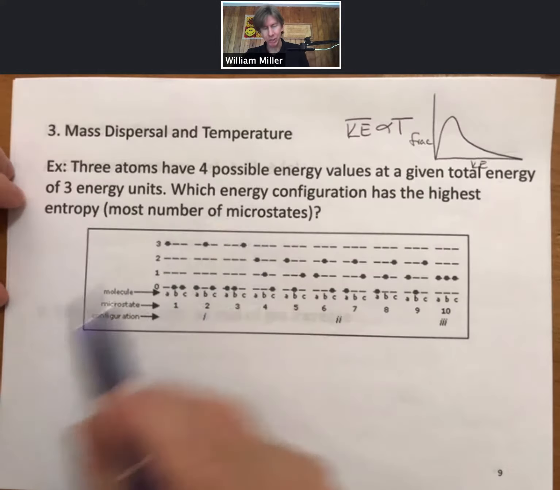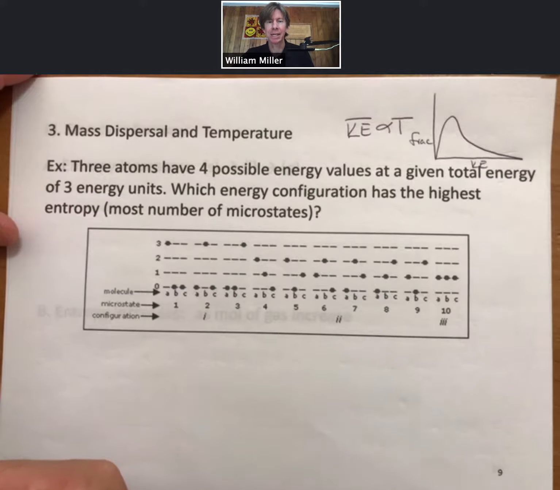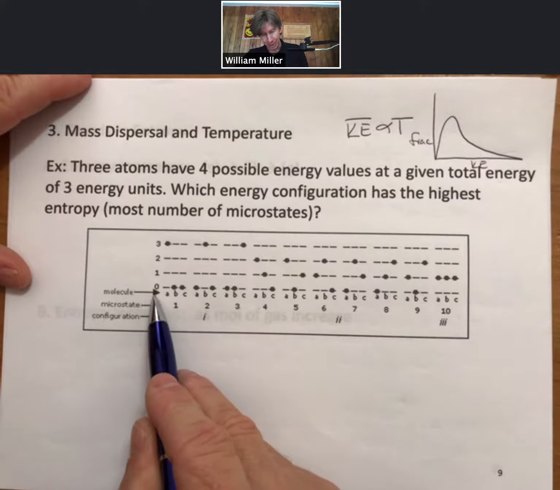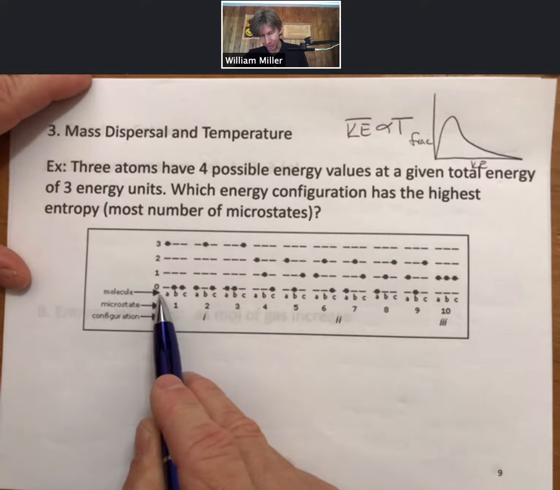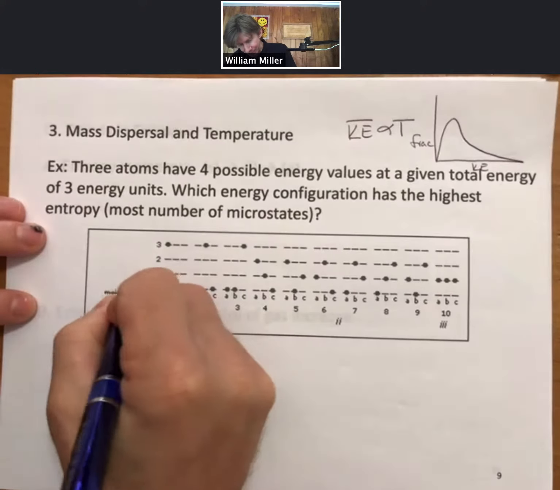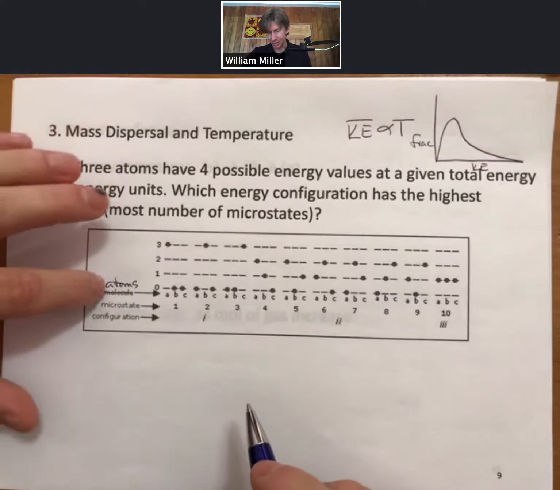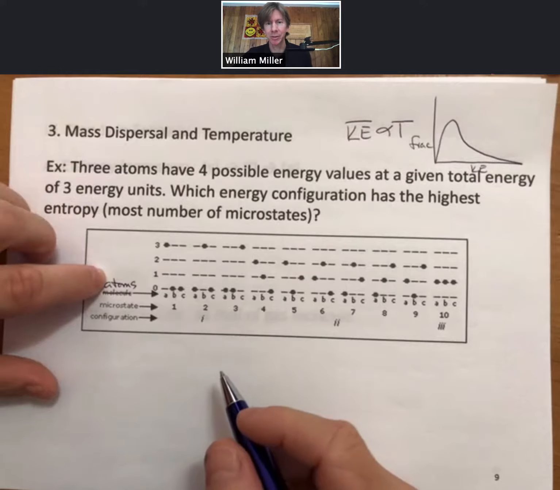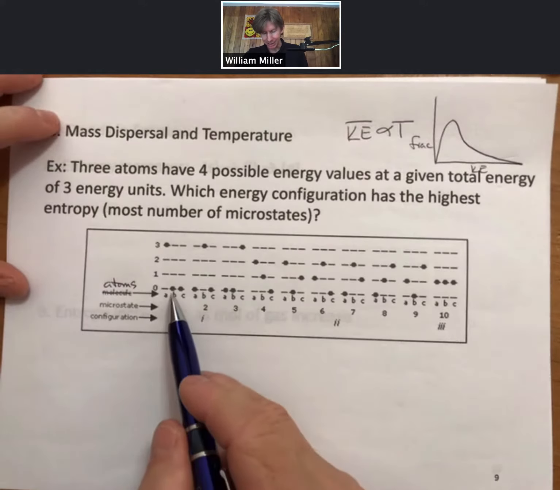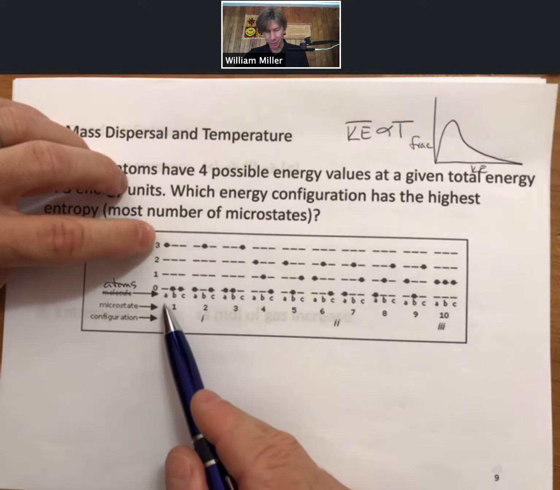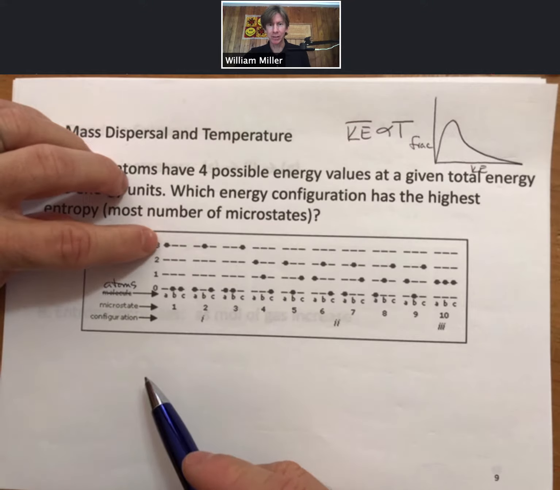And then we're going to ask the question, which energy configuration has the highest entropy or the most number of microstates? So I've got the molecule or particle, well, let's call them atoms. Sorry for that. Either way works. But since I referred to them as atoms up here, let's refer to them as atoms down here. Let's say these atoms have a total energy of 3, in which case one of the particles can have an energy of 3.